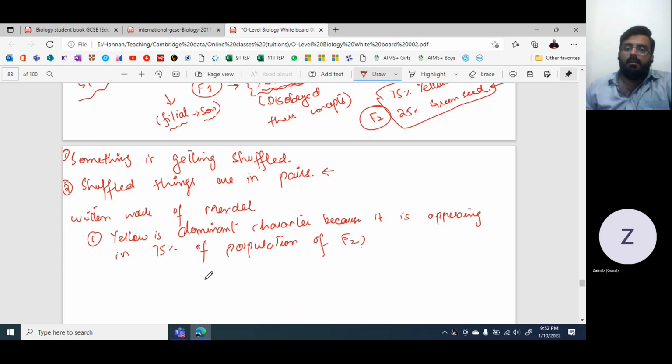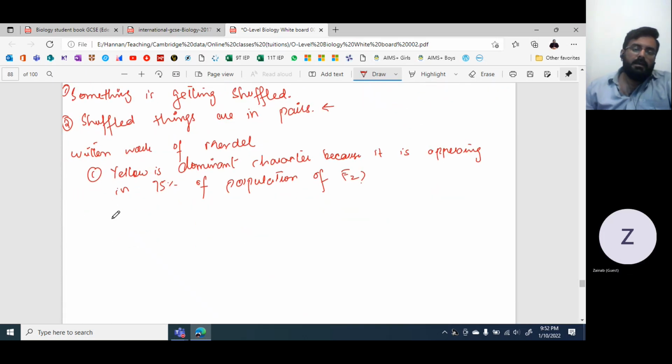Yellow is dominant, which automatically makes the green as what? Recessive.